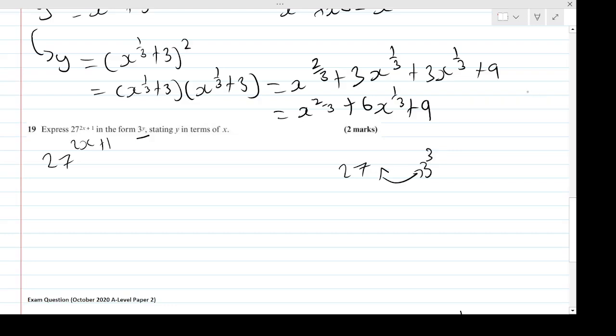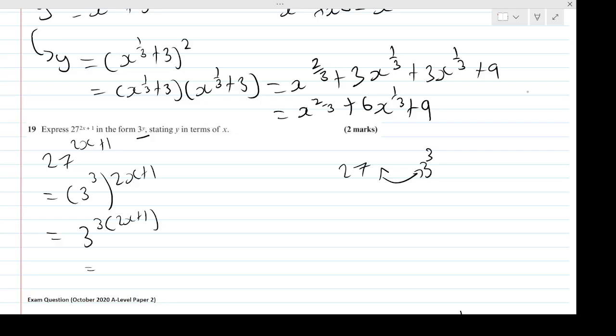Because now we can essentially substitute this result in, because 27 is exactly 3 cubed. Put a bracket in, and that's all raised to the power 2x plus 1. And now we can use our index laws. Because we have this bracket, and then it's all raised to a power, we can now multiply the powers together. So we're left with 3 to the 3 times 2x plus 1. Remember, it's a bracket, so times 3 by everything.